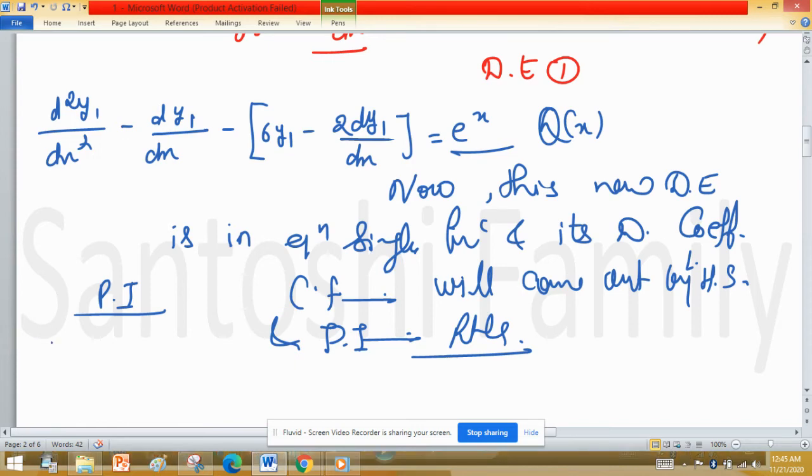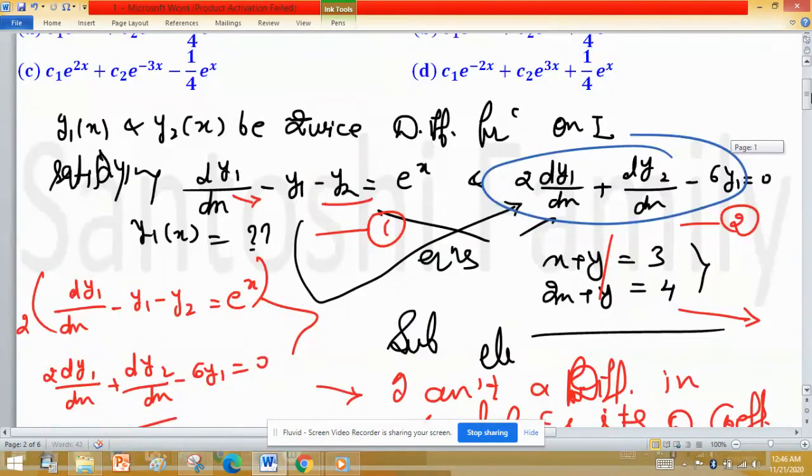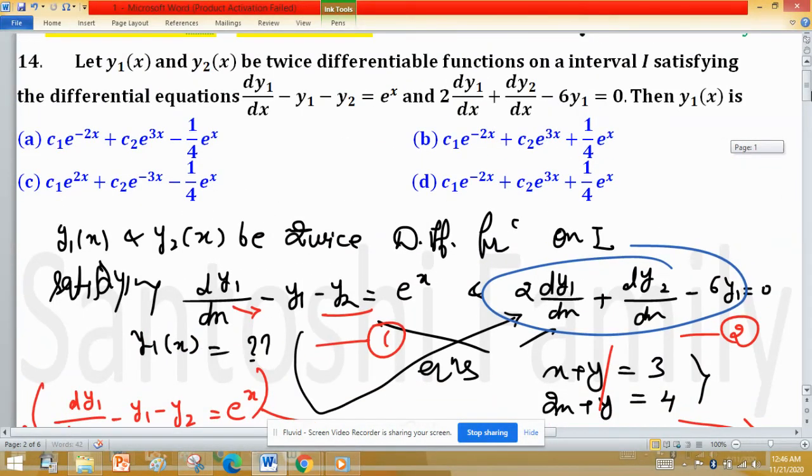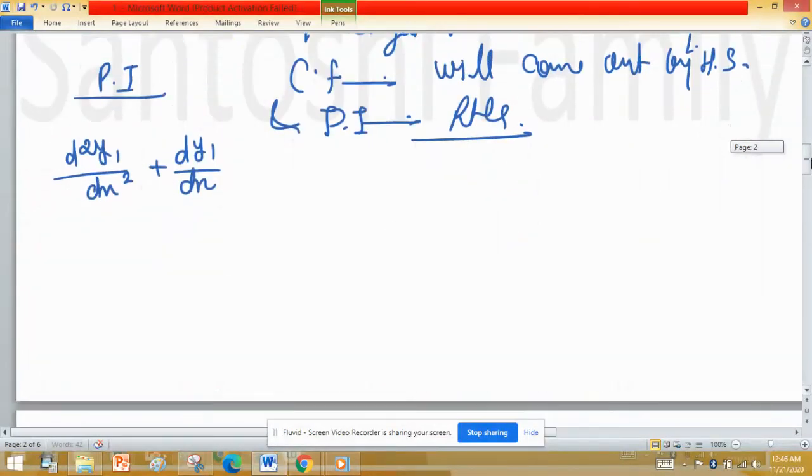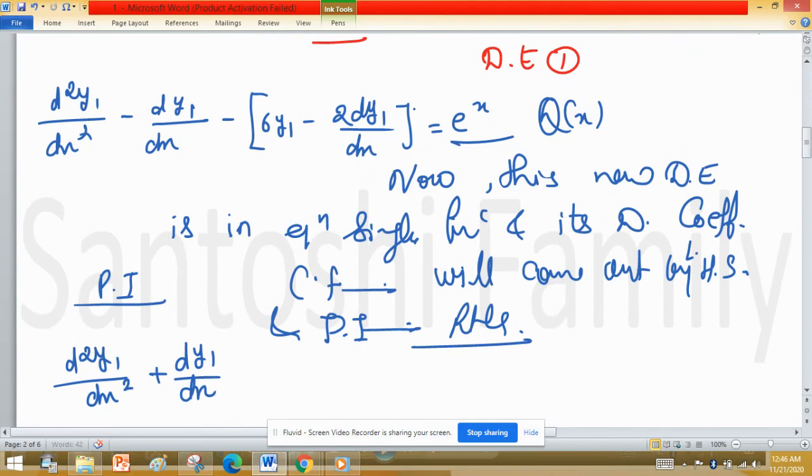So the simplified form of this differential equation is d²y1/dx² plus dy1/dx, first need to check the sign here.